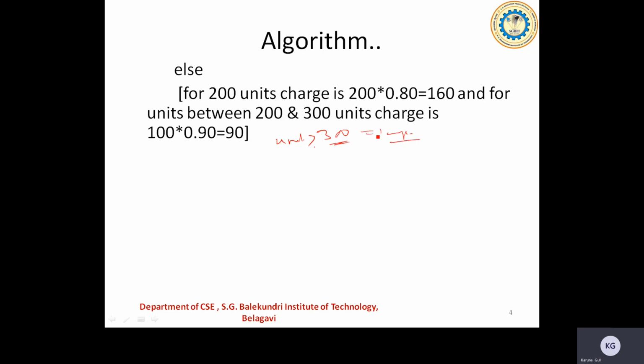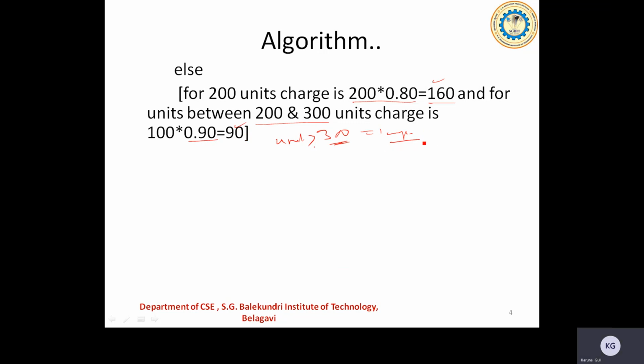For 200 units, the charge is 200 into 80 paisa. For the above 100 units, that is the range from 201 to 300 units, you have to pay 90 paisa, so that's 90 rupees, and the minimum charge you have to pay is 100 rupees.